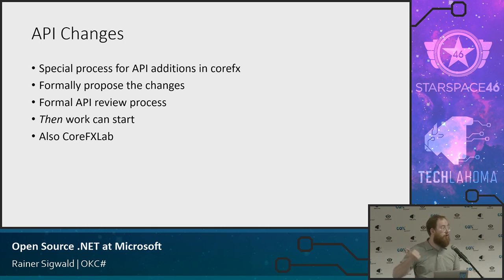Experimental changes go to CoreFX Lab before they come to CoreFX, the main repo, to get things going. So for example, I don't know if y'all have been following the story of Span in .NET Core 2. Span is this type that allows you to, with a little more pain at implementation time, have much better memory use characteristics over some of the normal methods that generate a lot of garbage.